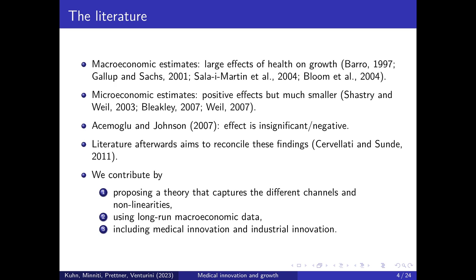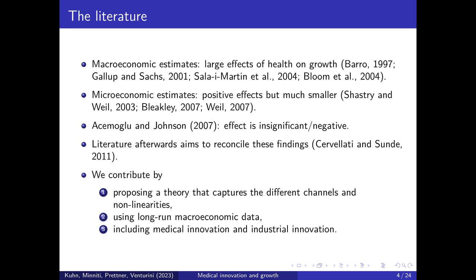For example, the literature based on microeconomic estimates that was mainly initiated by David Weil and also Ed Bleakley has contributed to that. And there, what they do is mainly to derive the effects of health on individual productivity from Mincerian wage regressions. And arguably, since you have many more data points there, and in addition you can perform things like twin studies and so on, you can much better identify the causal effect of health on individual productivity at the microeconomic level.